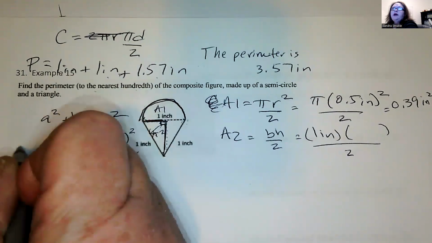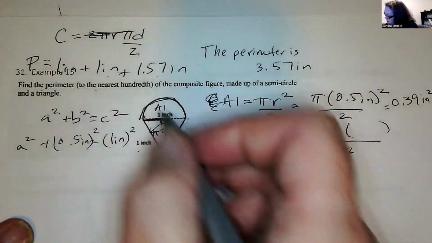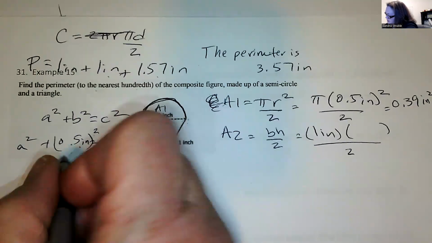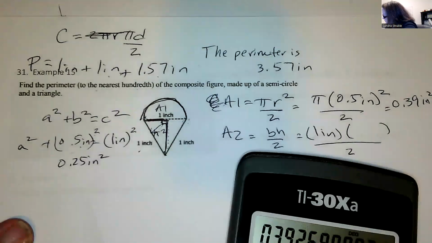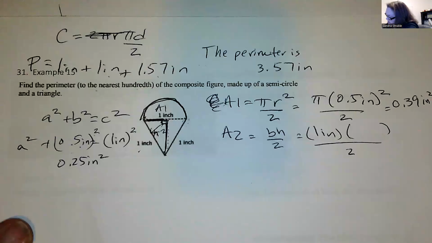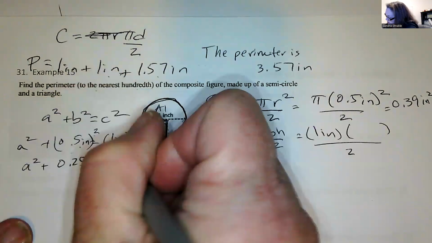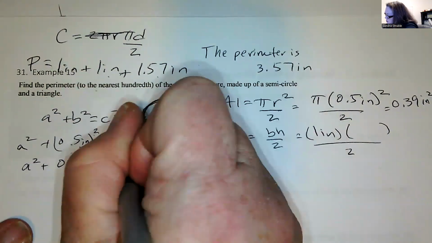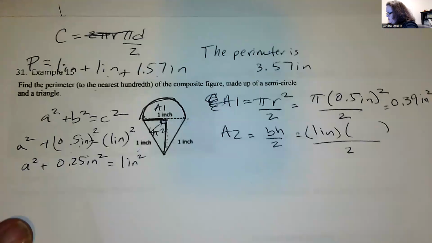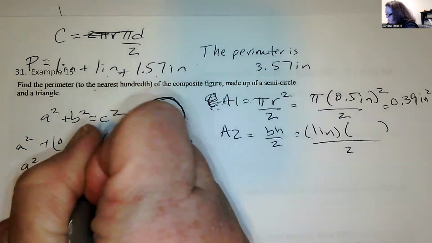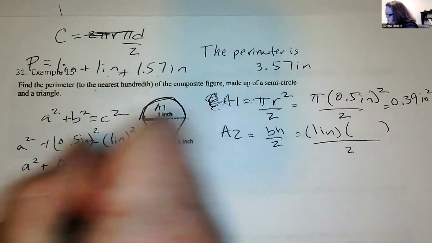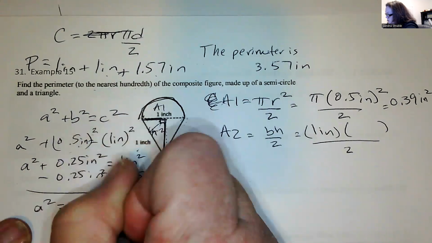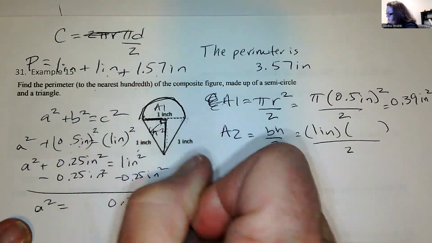And then we're looking for a. Okay. So 0.5 squared is 0.25 inches squared. Double check myself here. Yep. a squared plus 0.25 is equal to 1 inch squared. Subtract 0.25 inches squared from both sides. We get a squared is equal to 0.75 inches squared.